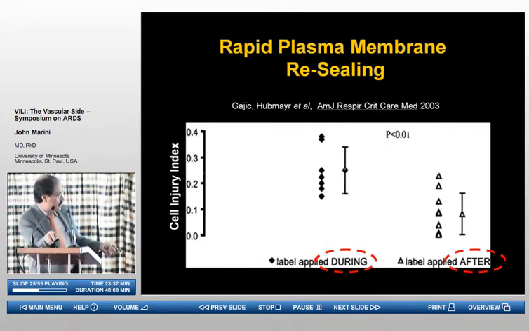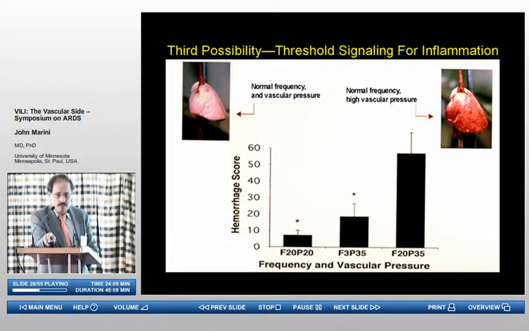In fact, his work where if you apply a label that looks at plasma membrane rupture after the ventilation process, the injurious process has occurred, you find much less cell injury than if you apply the label during the ventilatory process. So maybe we were just allowing more healing time as we lower the breathing frequency.